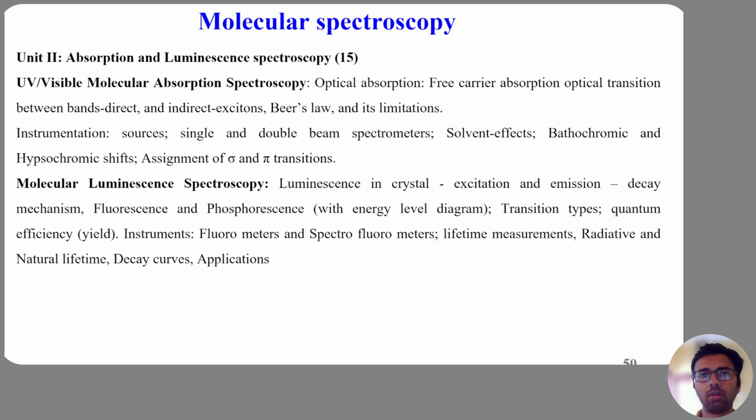Once an electron is promoted to a higher orbital, the system must eventually release that excess energy and return to thermal equilibrium. This requirement is unavoidable, and this physical necessity naturally leads us to the second half of our syllabus.